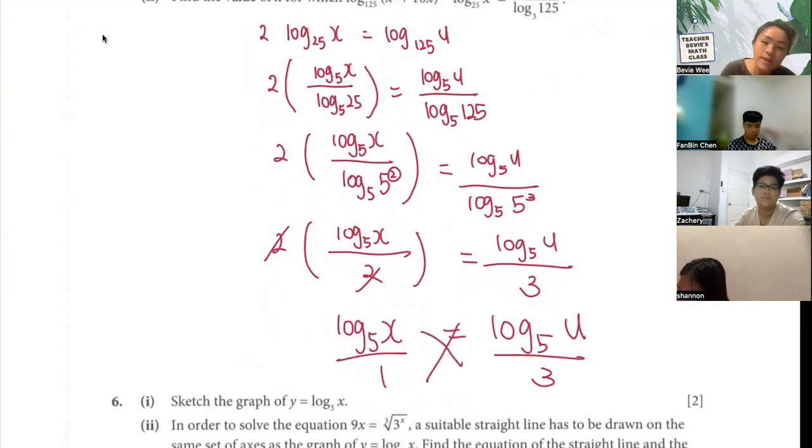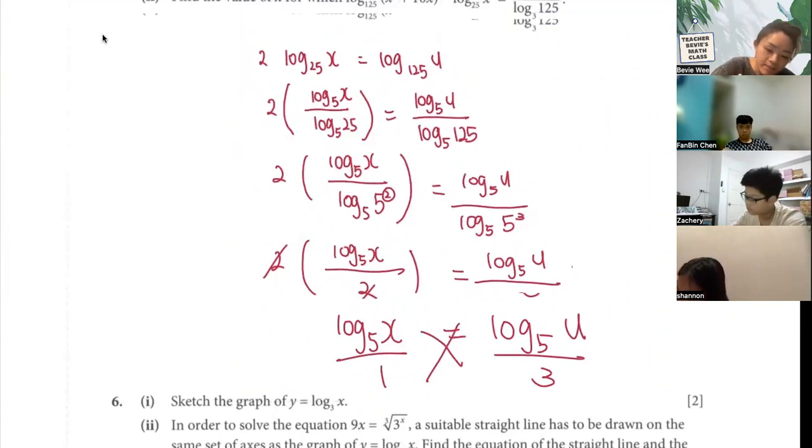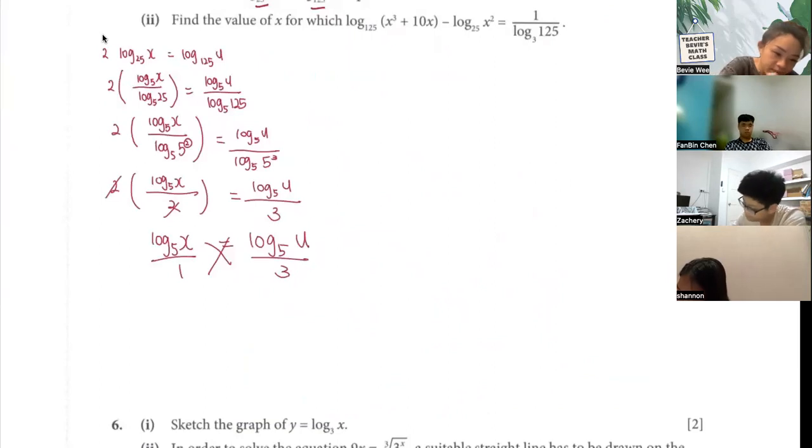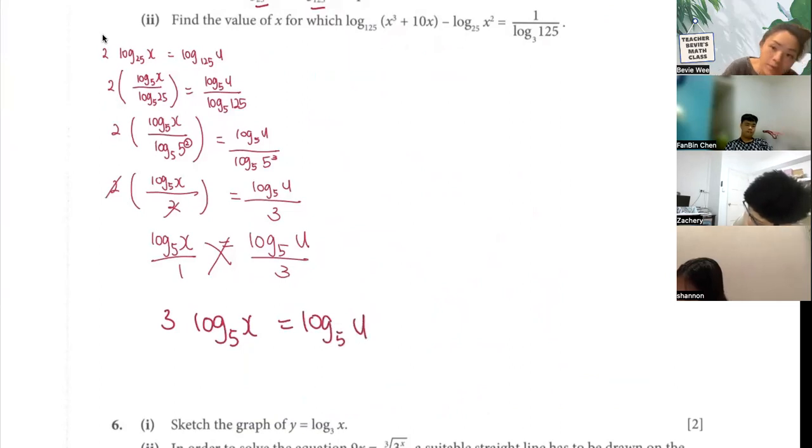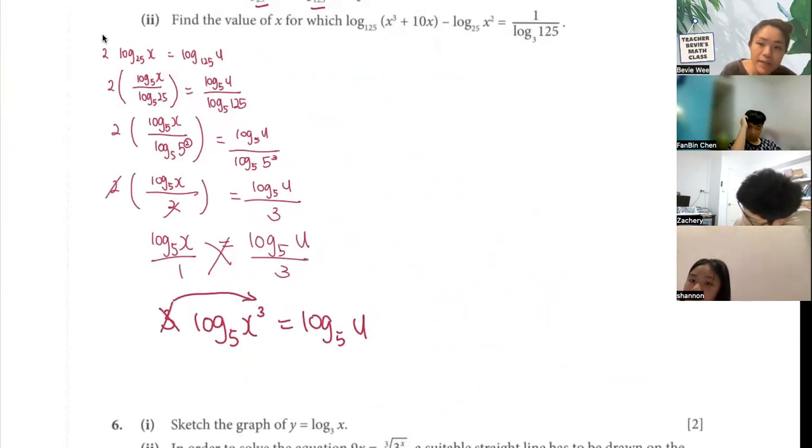From here, I can cross multiply, why not? I get 3 log base 5 of x equals log base 5 of u. Power law, bring this back up. Log base 5 of x cubed equals log base 5 of u. Therefore, u equals x cubed. That's all.